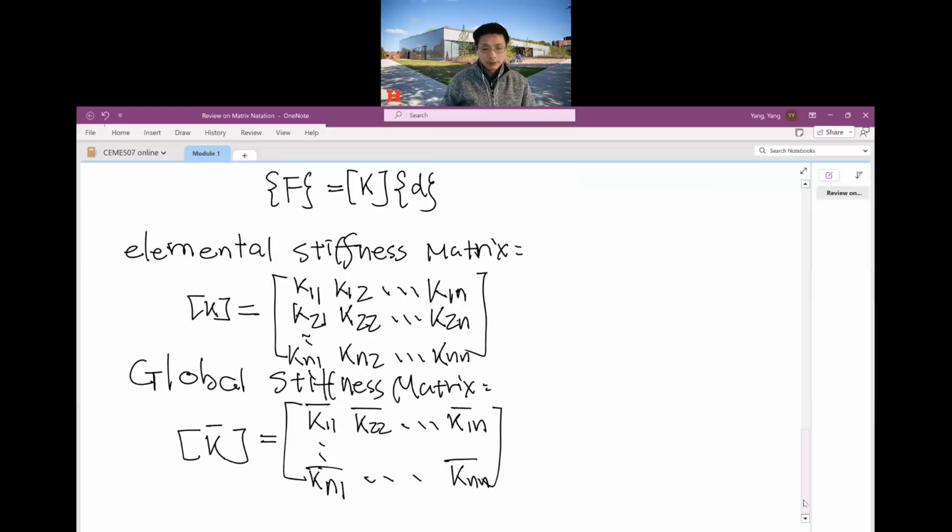So if we have the global stiffness matrix, we should be able to solve the unknown forces or unknown displacements by just solving linear or nonlinear equations there. So that's what the computer can do at its best.